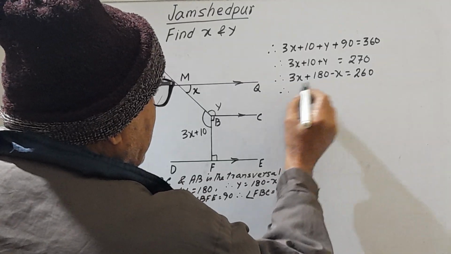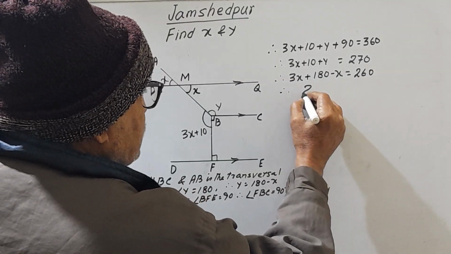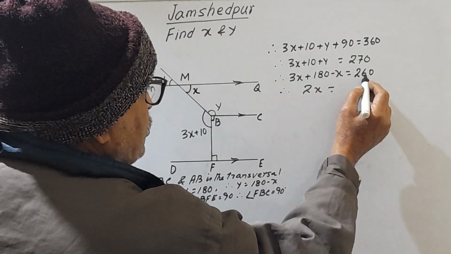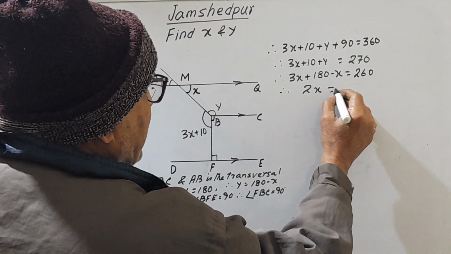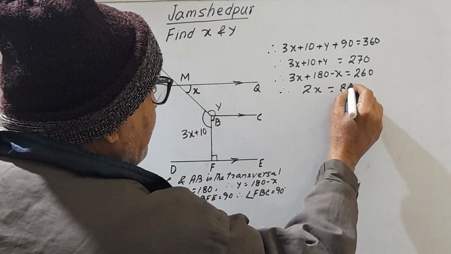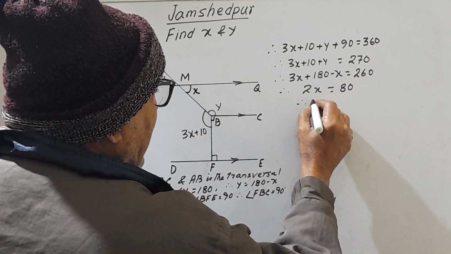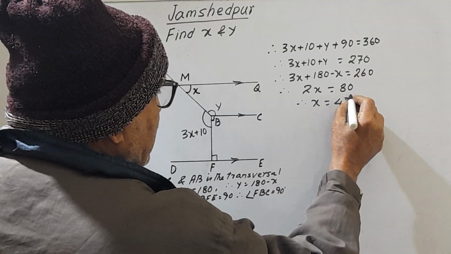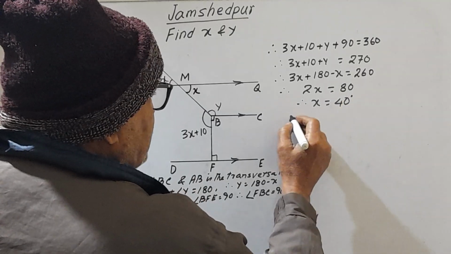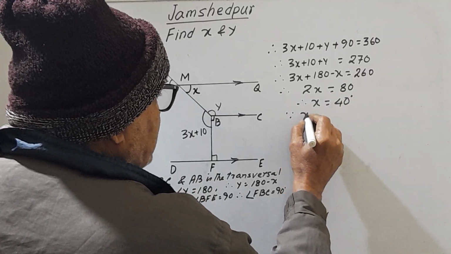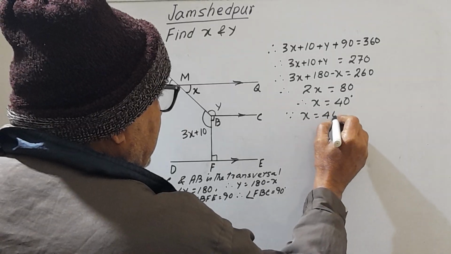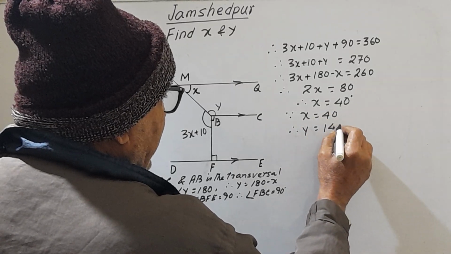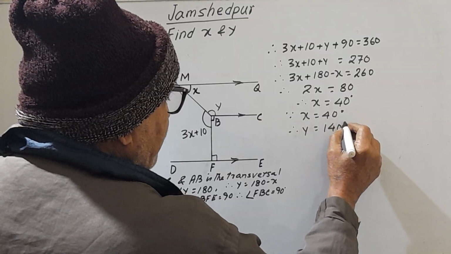Now here 3x minus x is 2x and 260 minus 180 equal to 80 degree. Therefore x equal to 40 degree. Same, when x equal to 40 degree, therefore y equal to 140 degree, and this is your answer.